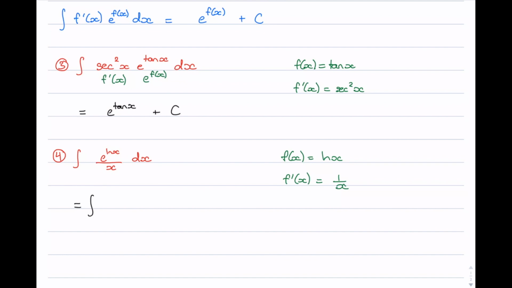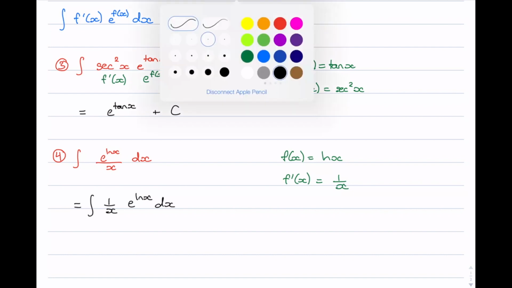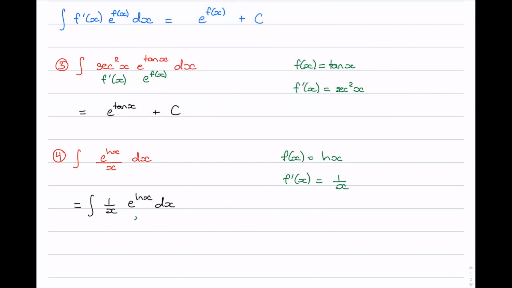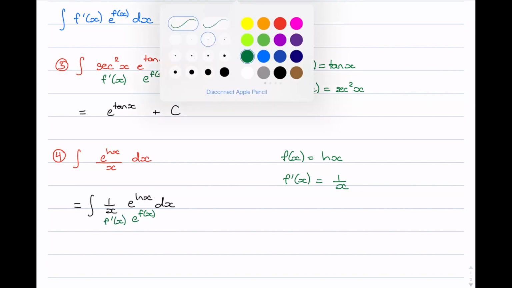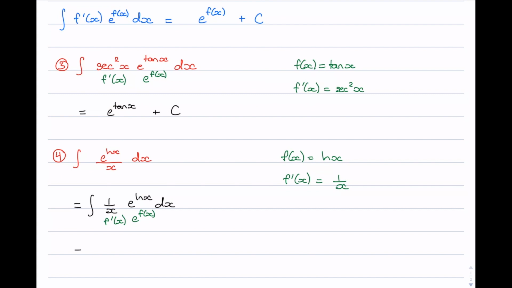Instead of dividing by x, we can write it as multiplying by 1 over x. So this is 1 over x times e to the power log x. And now it should be much more clear that this is in fact e to the power f of x, and this is f dash of x. So we can go ahead and make a mental substitution, and the answer is just going to be e to the f of x. So e to the power log x plus our constant.